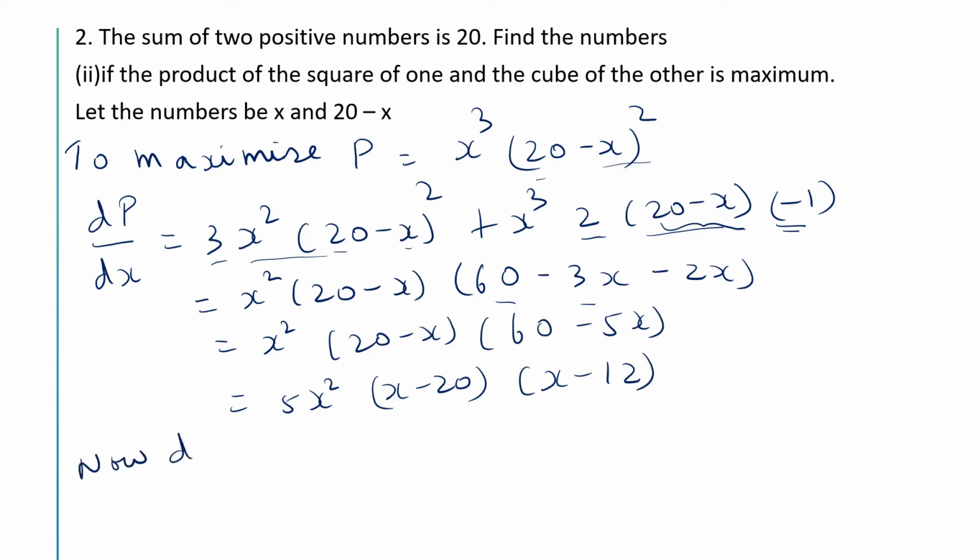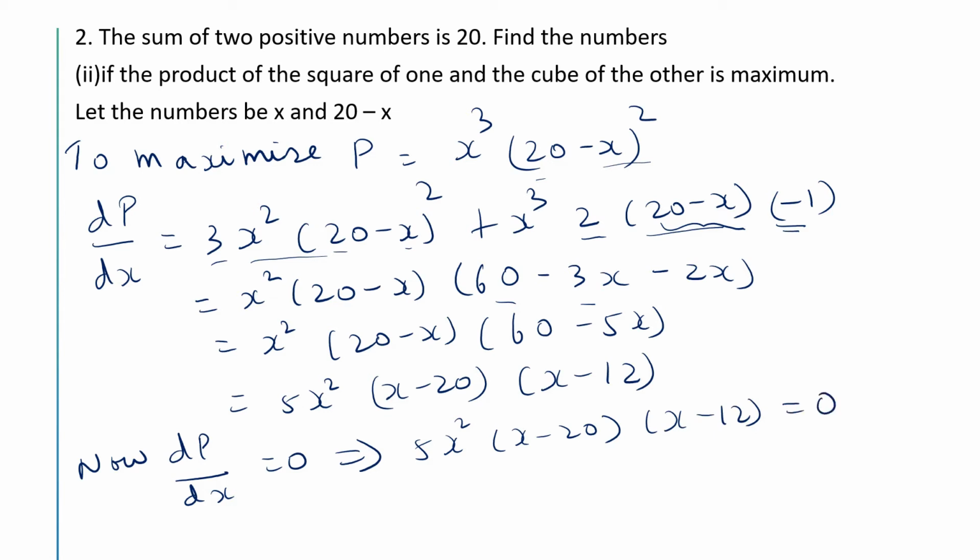Now at the critical points, dP by dx equal to 0 implies 5x square into x minus 20 into x minus 12 equal to 0. So from this we get x is equal to 0 or x is equal to 20 or x is equal to 12.